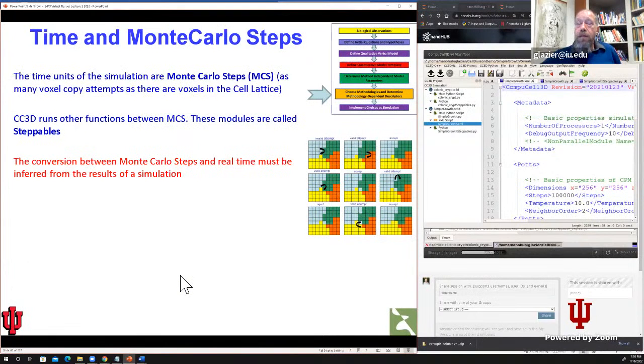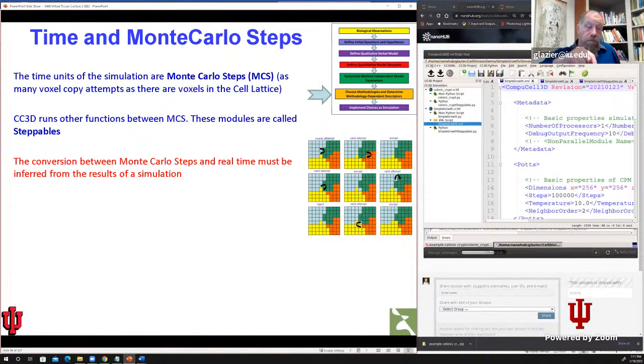All right. One other thing before we stop for a 5-minute break and then do some coding. The simulation steps consist of lots of micro steps, what are called spin copy or pixel copy attempts.